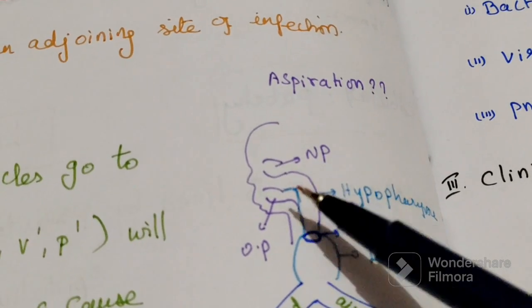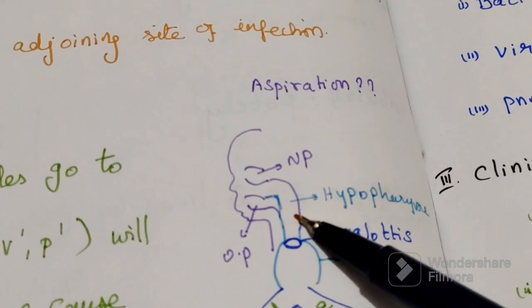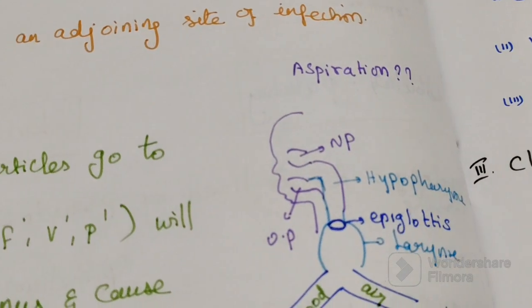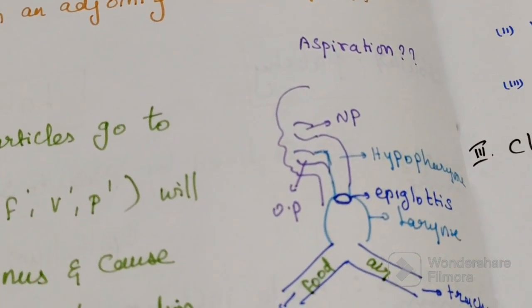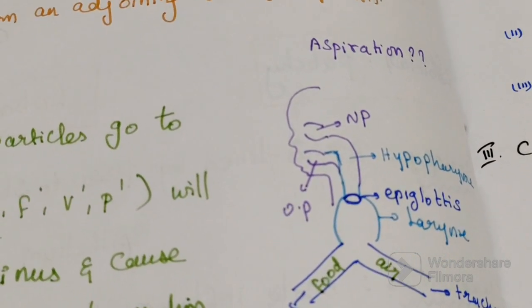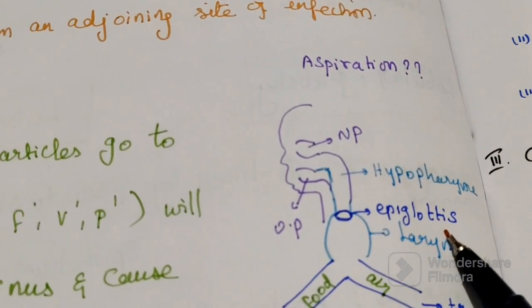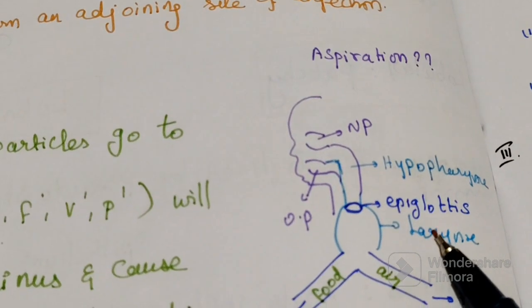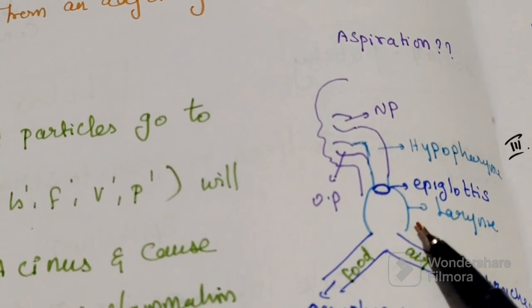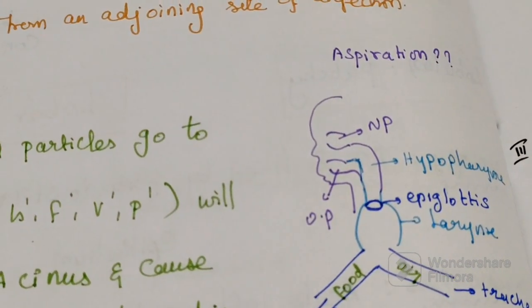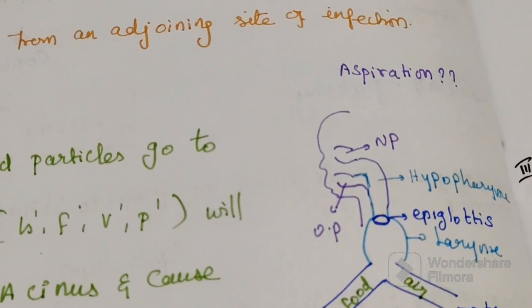Here food and air mix together in the hypopharynx region. The larynx has a structure, the epiglottis. This gets closed, so only food goes to the esophagus, not to the trachea.